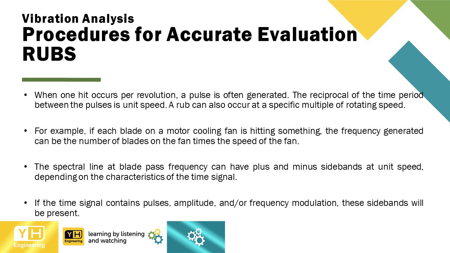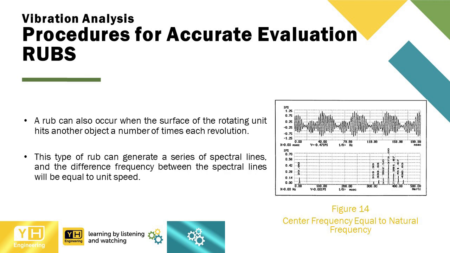The spectral line at blade pass frequency can have plus and minus sidebands at unit speed, depending on the characteristics of the time signal. If the time signal contains pulses, amplitude, and/or frequency modulation, these sidebands will be present. A rub can also occur when the surface of the rotating unit hits another object a number of times each revolution.